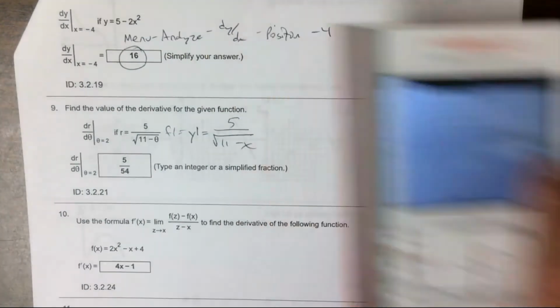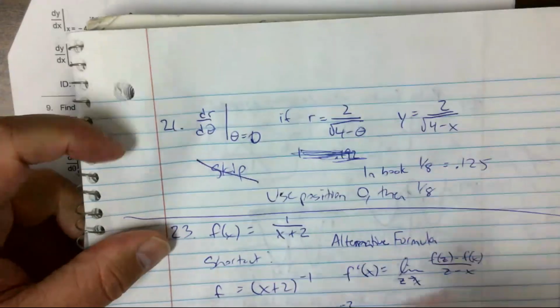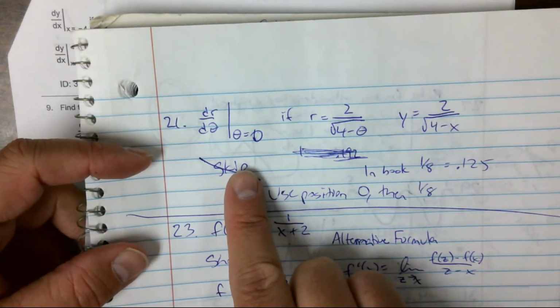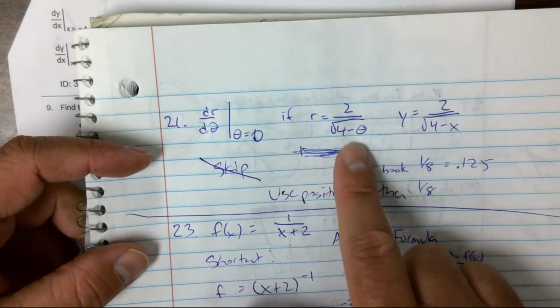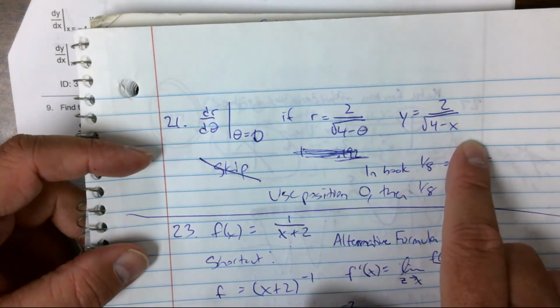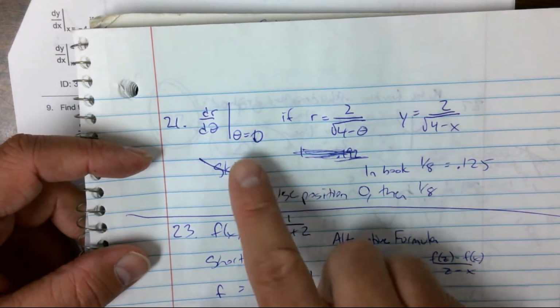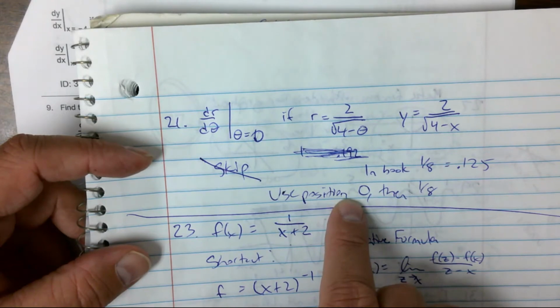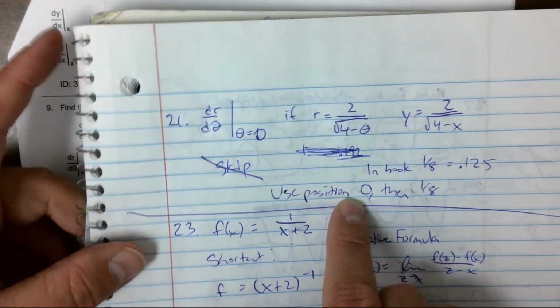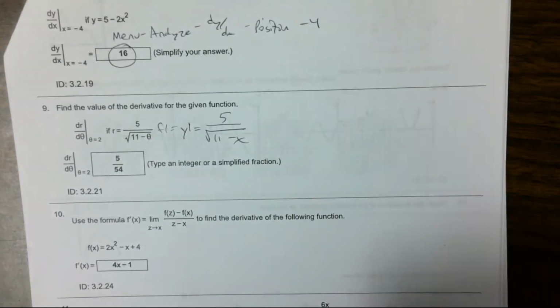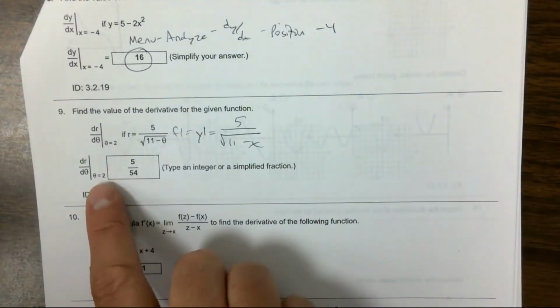In my notes from years ago, I had this, and so I used 2 over this, and I had to use position 0. But your position is 2.